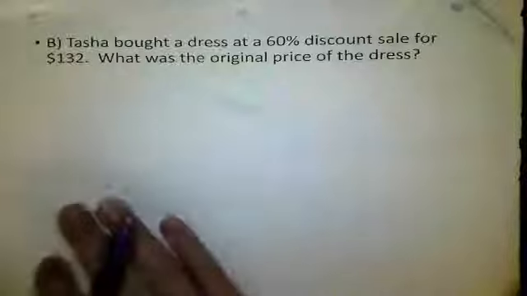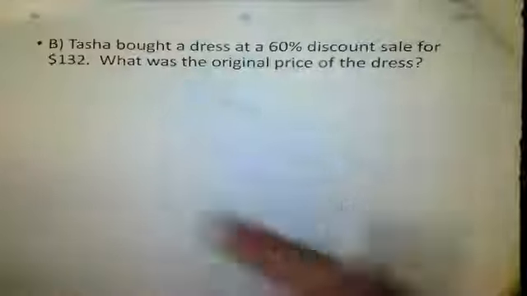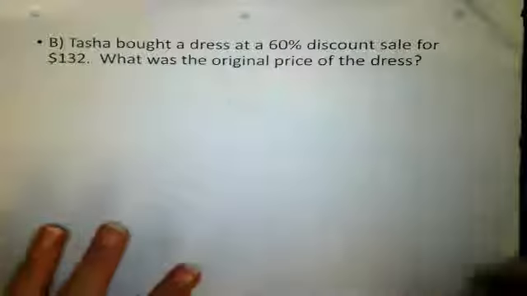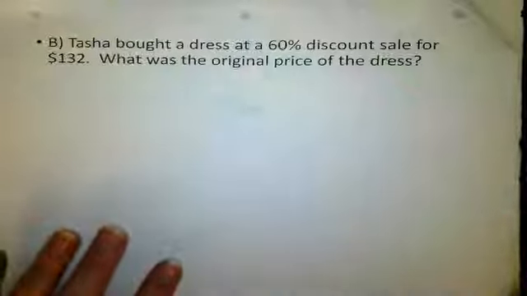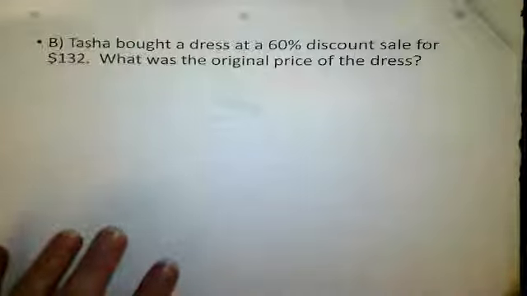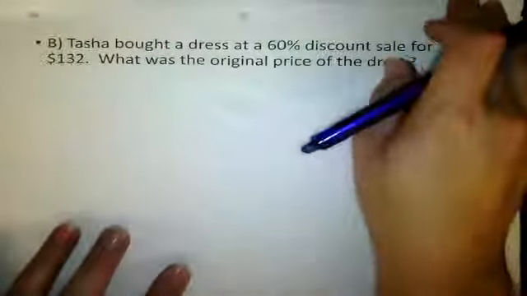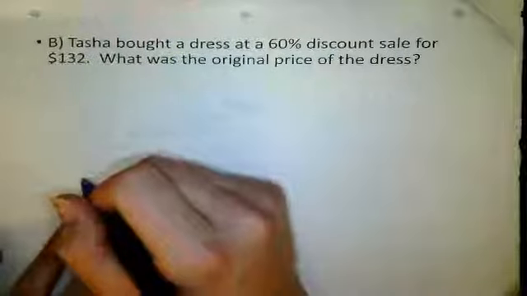Tasha bought a dress at a 60% discount sale, which I thought was weird wording, but you know. 60% discount sale for $132. What was the original price of the dress? Okay, what are we trying to find?